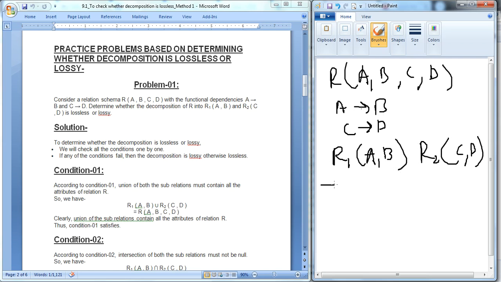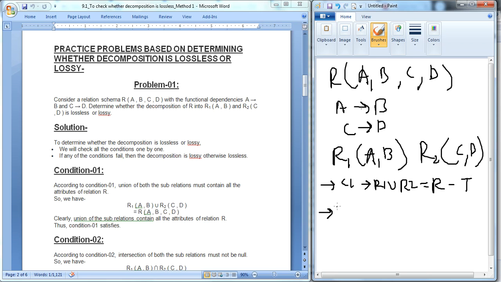Then we apply condition 1, that is, R1 union R2 is equal to R. Is the condition true? Yes, because the union of R1 and R2 is A B C D and R is also A B C D. That's why this condition is true.